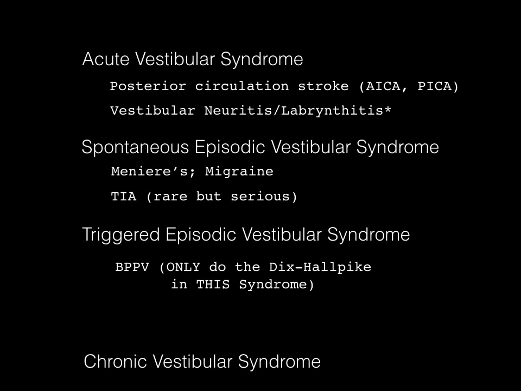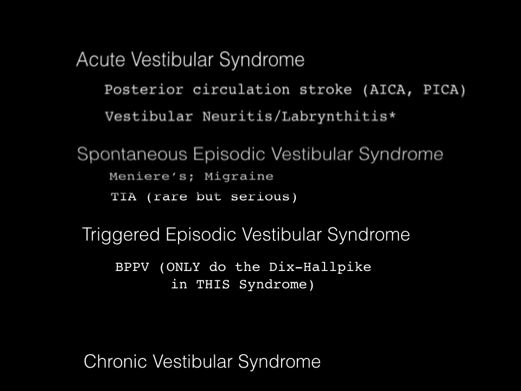But these really need to have had previous neurological evaluation. Triggered episodic vestibular syndrome, really BPPV is the only one you need to know about. Remember this, only use the Dix-Hallpike in this group to make a diagnosis. And then chronic vestibular syndrome can be things like old strokes or tumors.